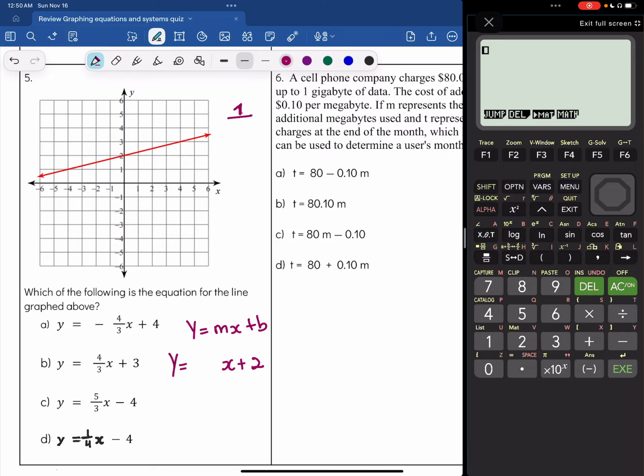And then we're going to the right 4, so that becomes our denominator, right? Up 1, right 4. So this is our slope right here. So let's plug this into the equation. So y is equal to 1/4 x plus 2, right? So we're starting at 2, we're going up 1, and then right 4.